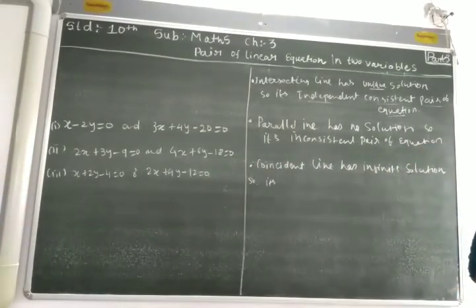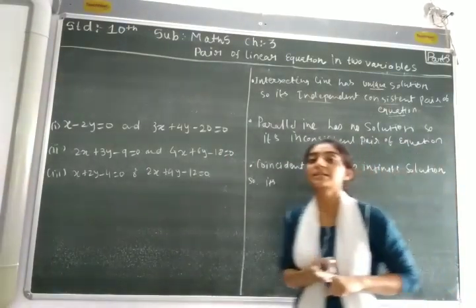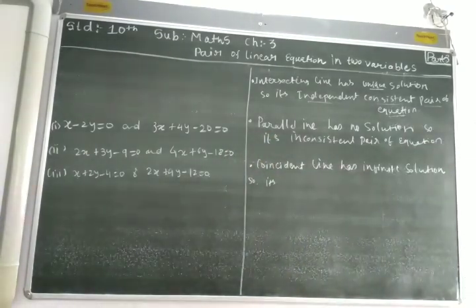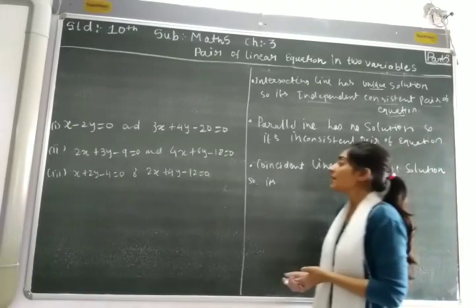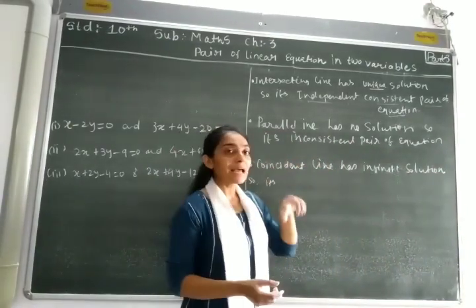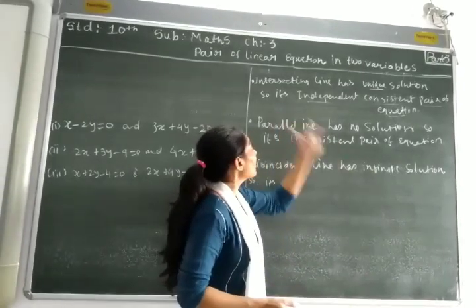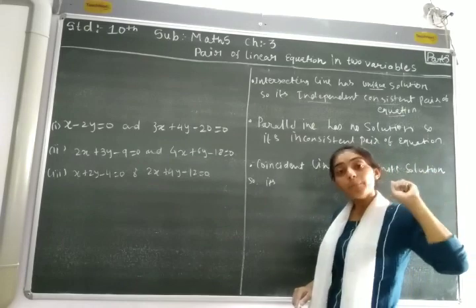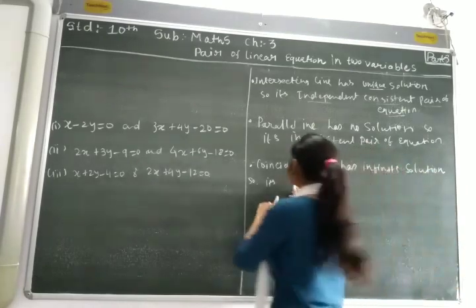When we say it has a solution, it has consistency. Now, how can we identify whether the lines are coincident or intersecting? One thing is that it's dependent.